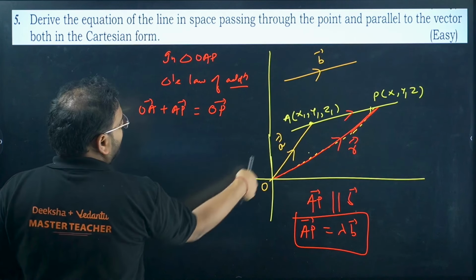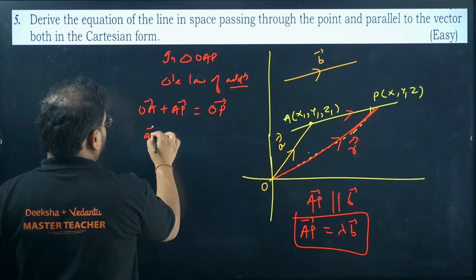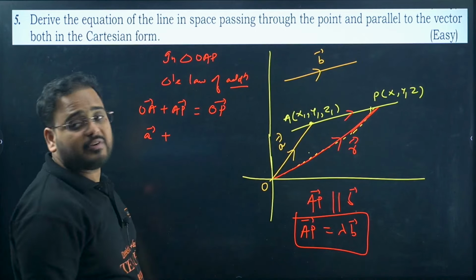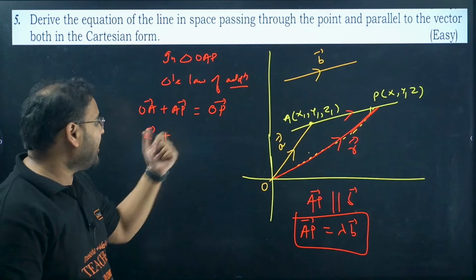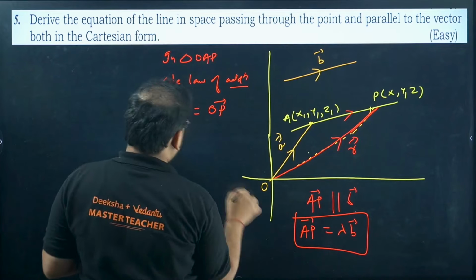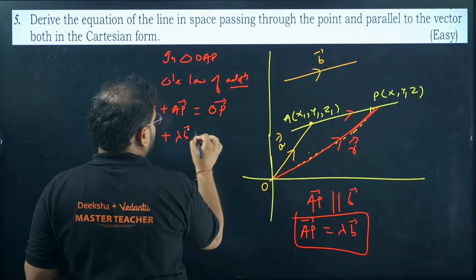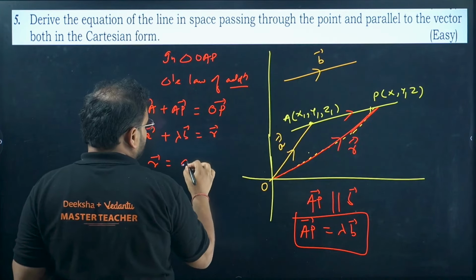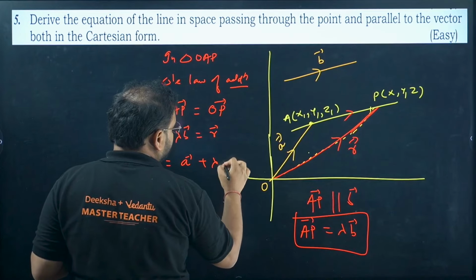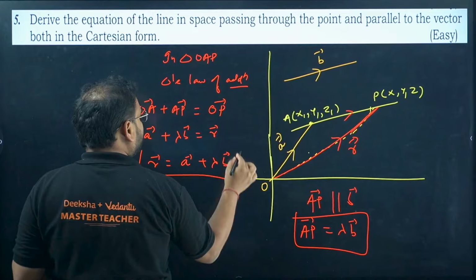What is OA? OA is the vector A. It represents the position vector of the point A. What is AP? Lambda B. And what is OP? R. So basically I have got the value of R as A plus lambda B. If you remember, this is your vector form.